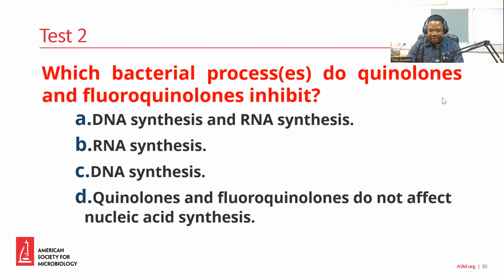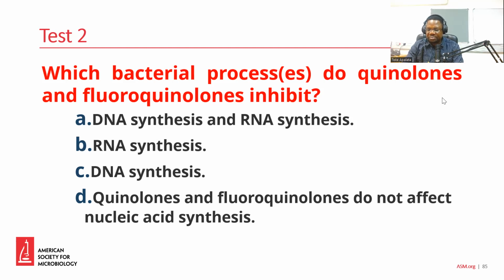Okay, so we can start by excluding some of the assertions here, like D. It says quinolones and fluoroquinolones do not affect nucleic acid synthesis, that is already wrong, so we can eliminate that.